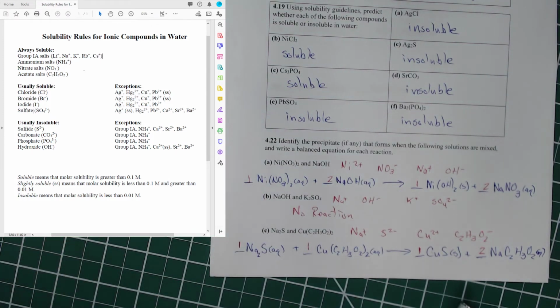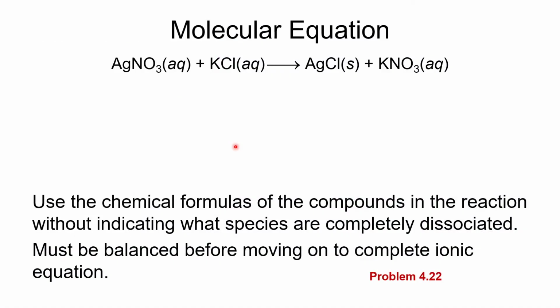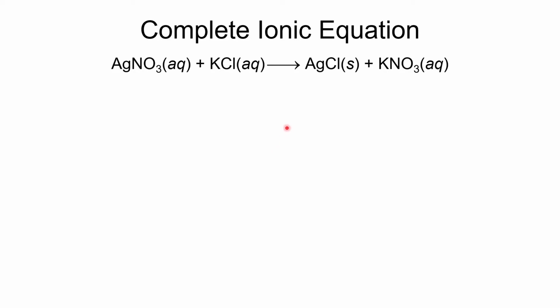Okay, so now that we have done that, I'm going to go back over to the presentation. All right, and we want to look at the concept of the complete ionic equation.